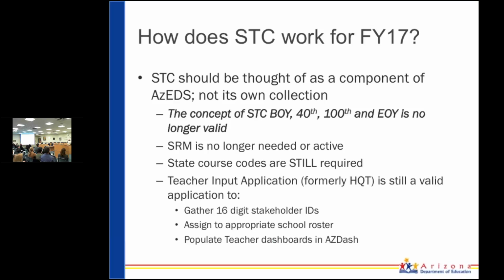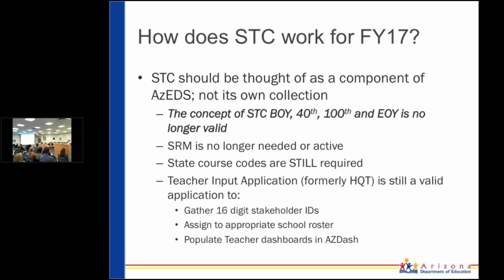It should just be the teacher stakeholder ID. If it's not, it will fail integrity. And if you don't have an ID, what that means is we don't have a connection. So if you wanted to see a specific teacher's dashboard, but we don't have that ID, we can't truly make that connection when the teacher goes to log in.